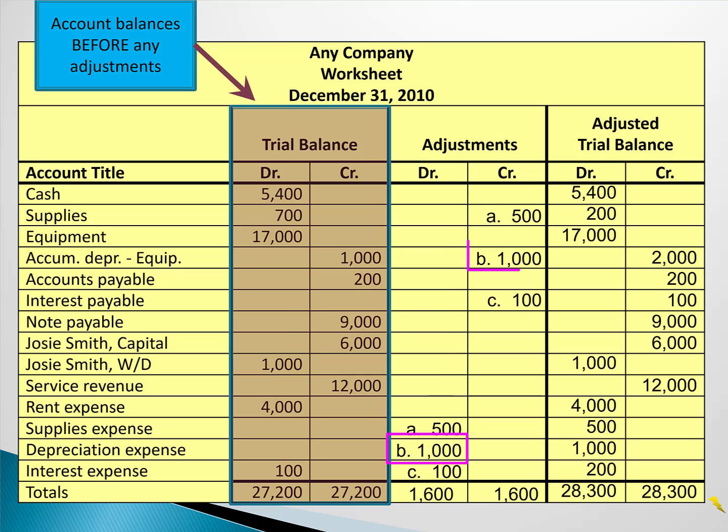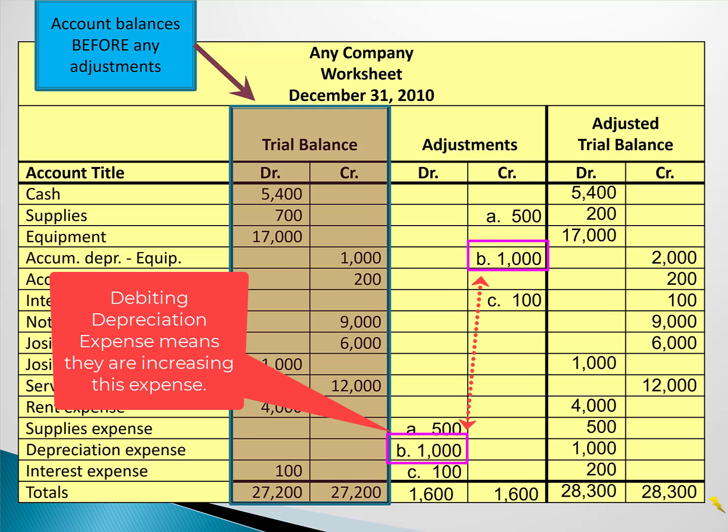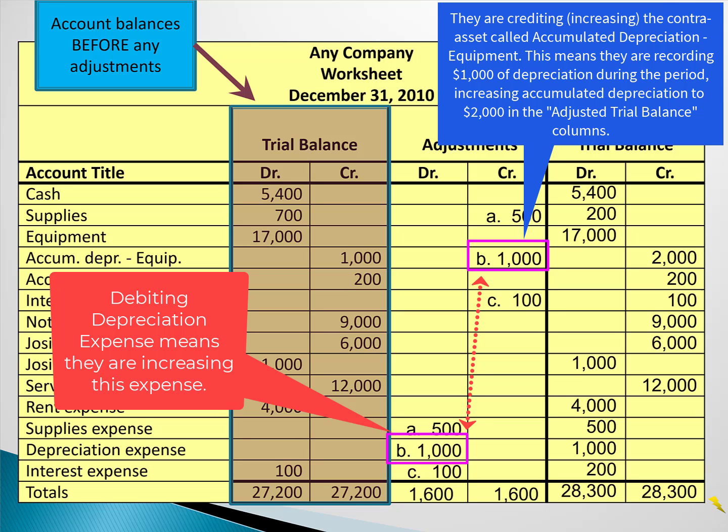Now let's look at adjustment B. It's depreciation expense increasing by 1,000, and then accumulated depreciation on the equipment increasing by 1,000, because that's a contra asset account. So in adjustment B, all they're doing is just recording the depreciation on the equipment.